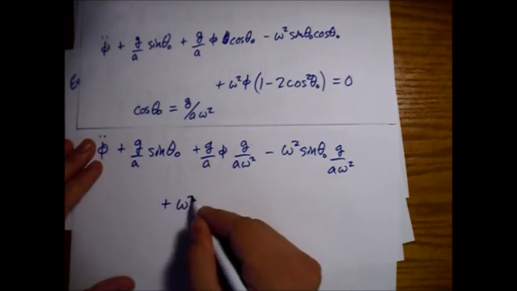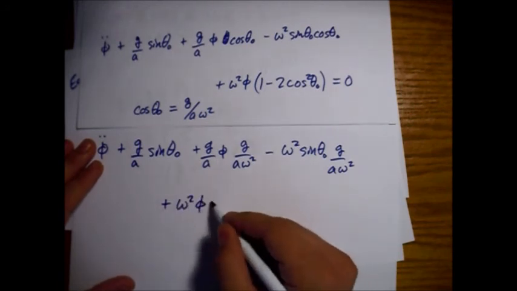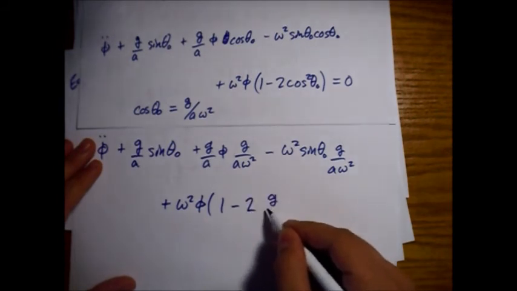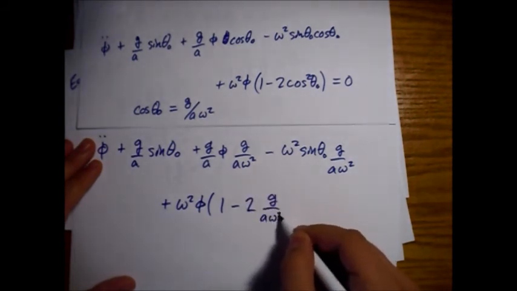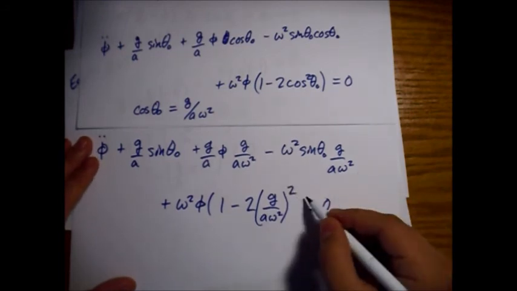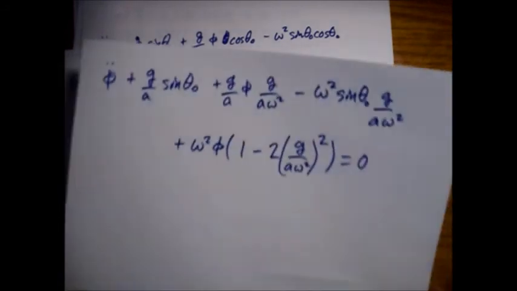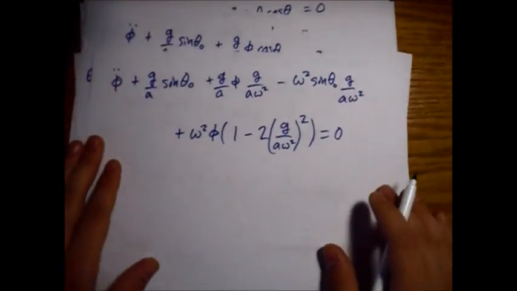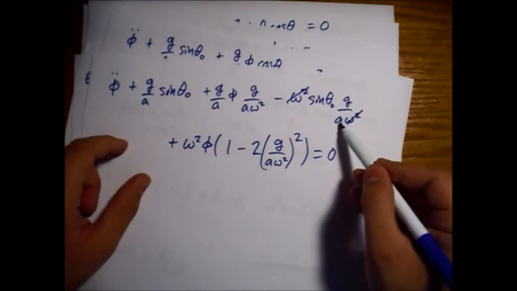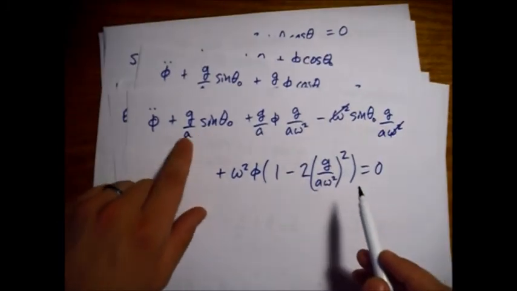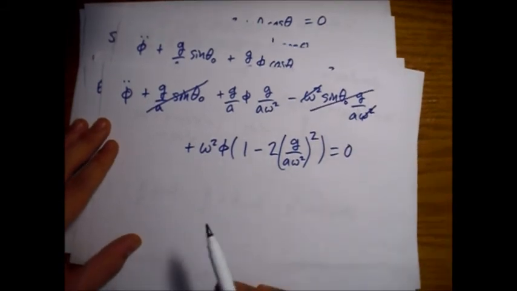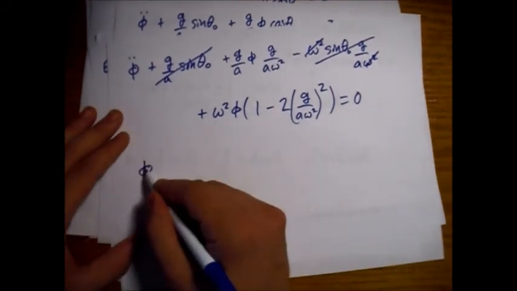Plus omega squared phi times 1 minus 2 g over a omega squared quantity squared equals 0. All right, so one thing to note, here we have a g over a sine, and here we have a g over a sine, and there's a minus sign here. So both of those will go away nicely for us.